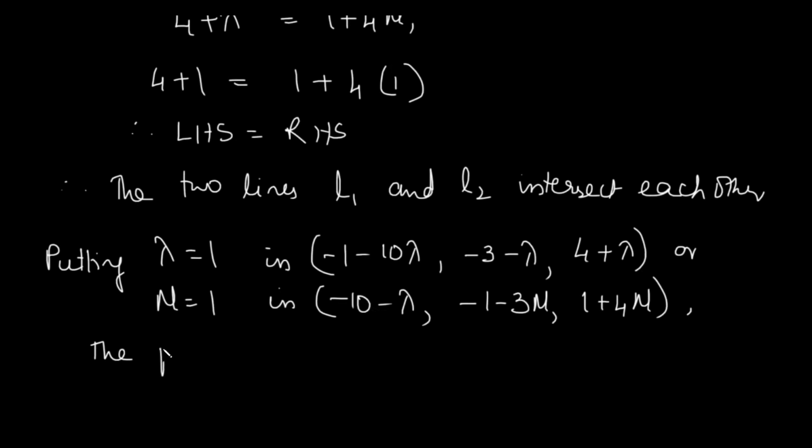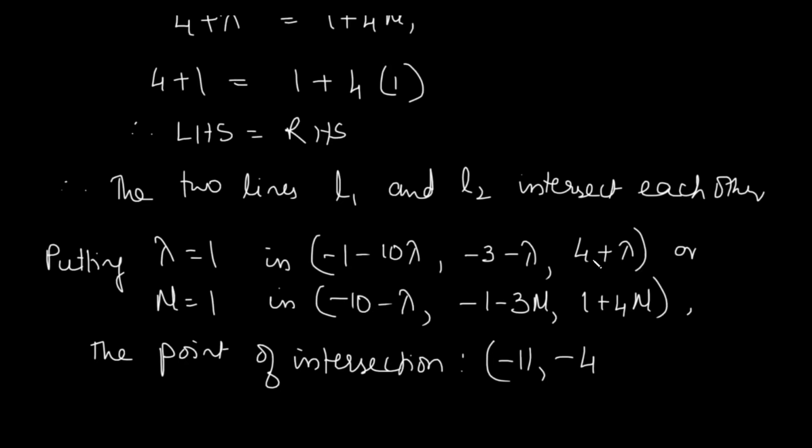The point of intersection of the lines comes out as, see, when we put lambda as 1 or mu as 1 in both, we get minus 1 minus 10, that is minus 11, minus 3 minus 1, that is minus 4, and 4 plus 1, that is 5. Try putting it in the second set of coordinates, you will get the same answer. Okay, so this comes out to be the sum. A little bit long, but then the marks weightage is also more for this particular sum, that is it.